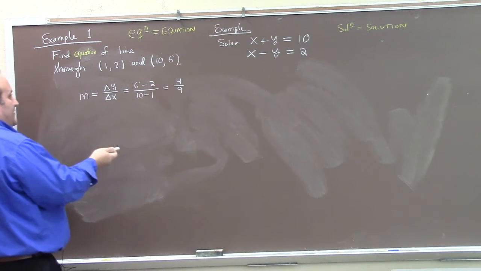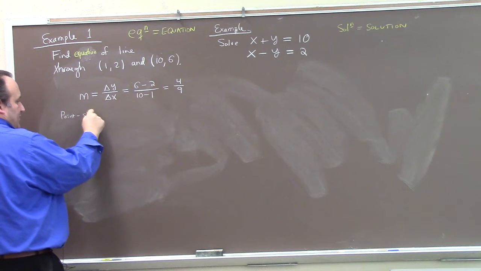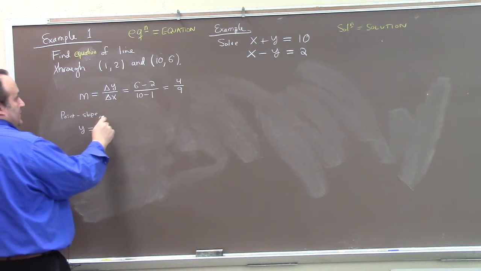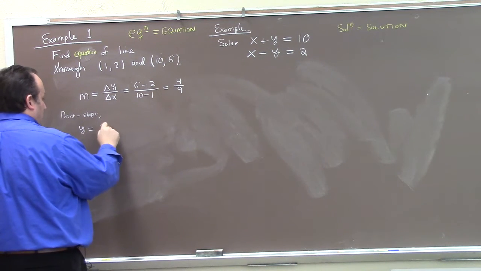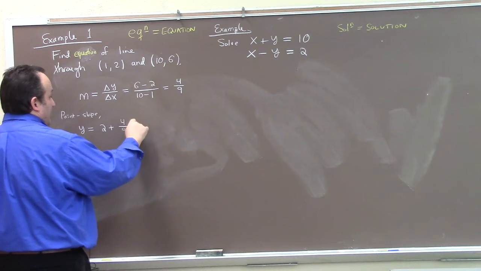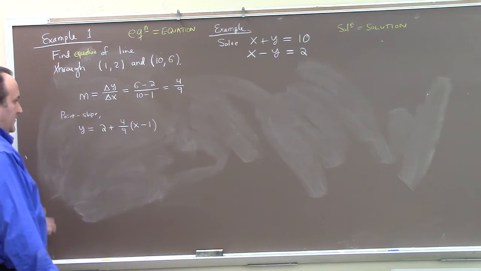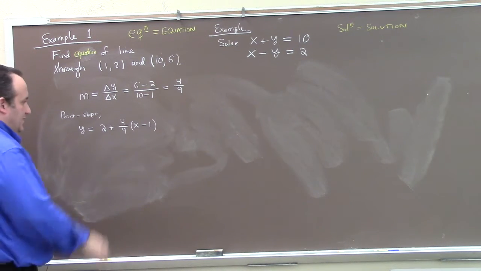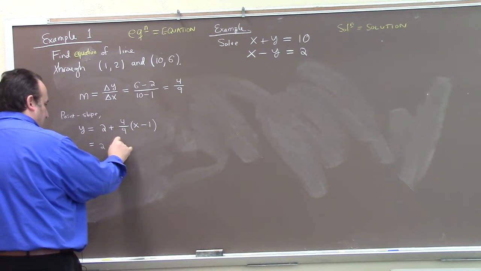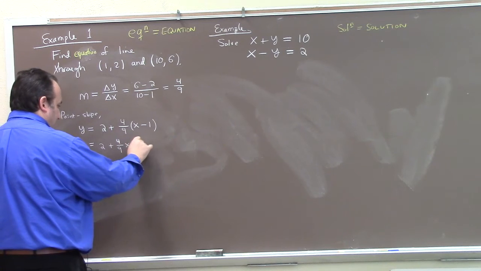And then we can use point slope. Point slope says y is equal to 2 plus 4/9 times x minus 1. And then, of course, we can multiply that out. What do we get? We get 2 plus 4/9 x minus 4/9.